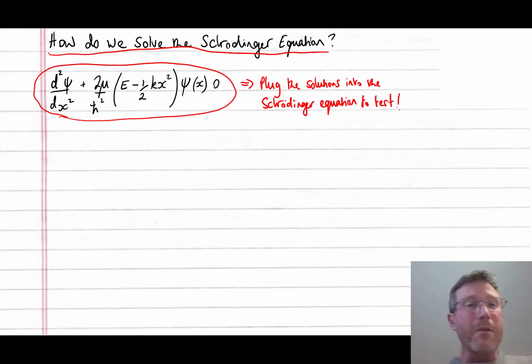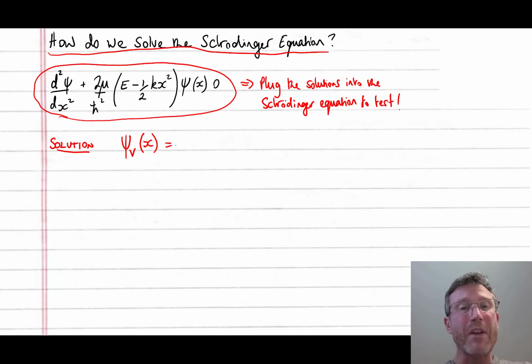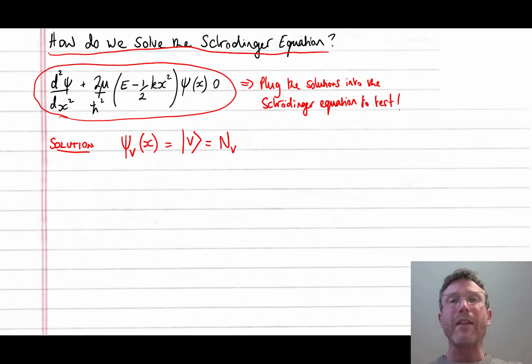Okay, so without further ado, here is the generalized solution, and we'll write it as follows. We have psi sub v, a function of x, and we can write that in our bracket notation. The general solution is capital N sub v. What do we think that is?